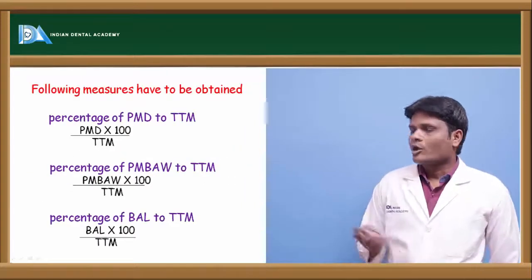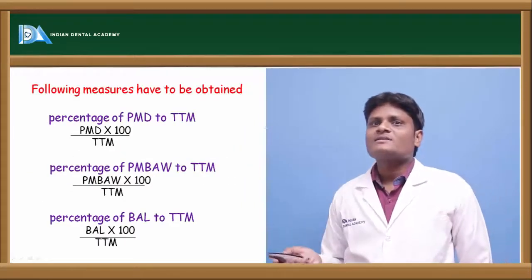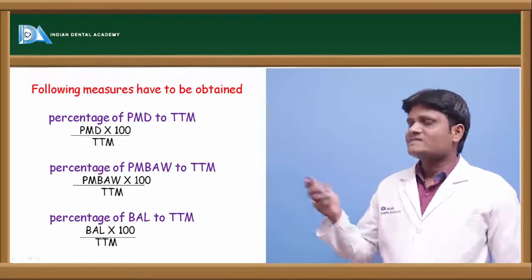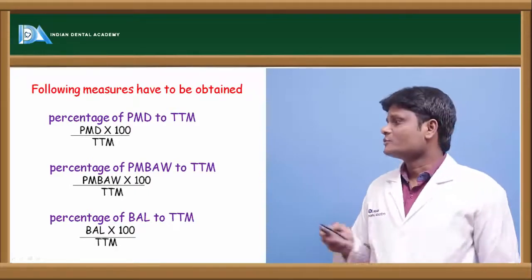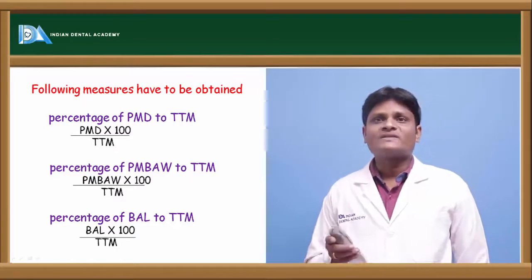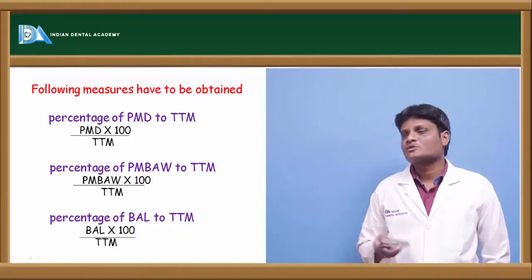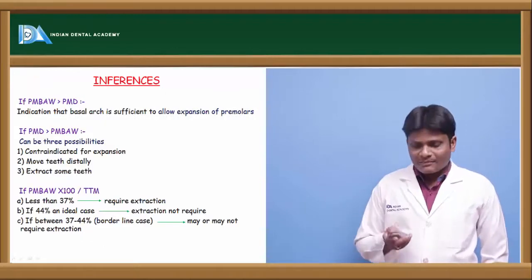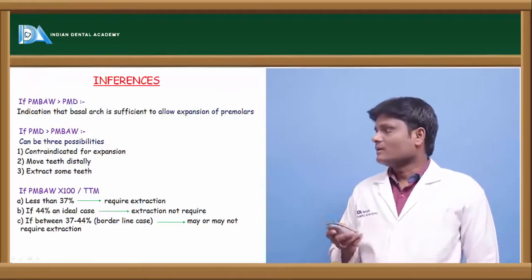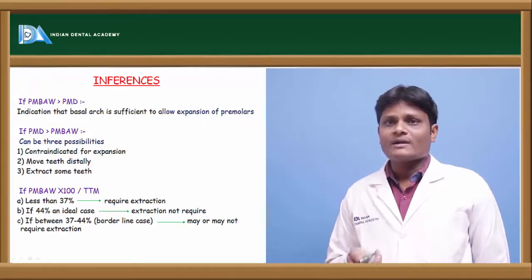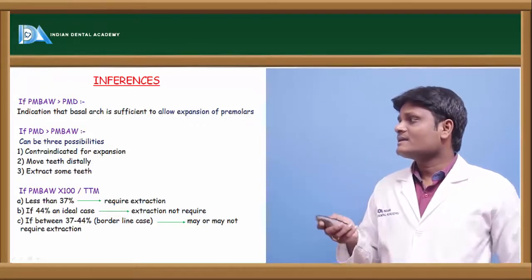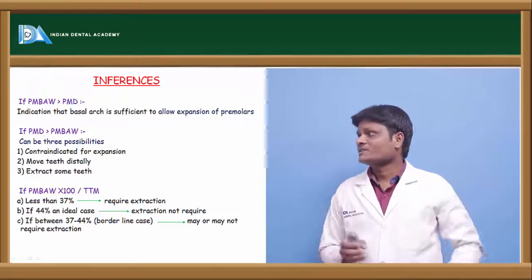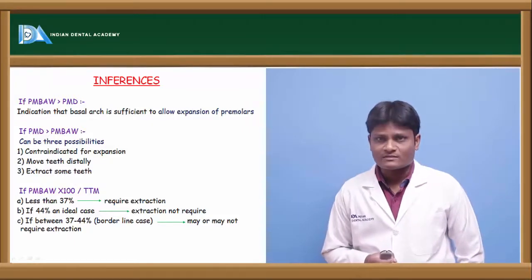Now we will calculate the percentage of premolar diameter to the tooth material, the percentage of premolar basal arch width to the tooth material, and the percentage of basal arch length to the tooth material. If premolar basal arch width is more than premolar diameter, it is an indication that the basal arch is sufficient to allow expansion of the premolars.